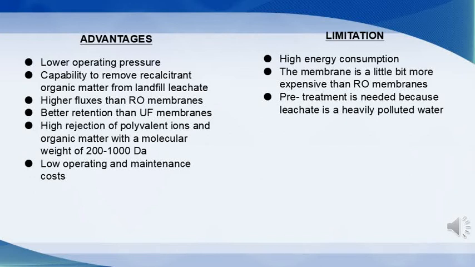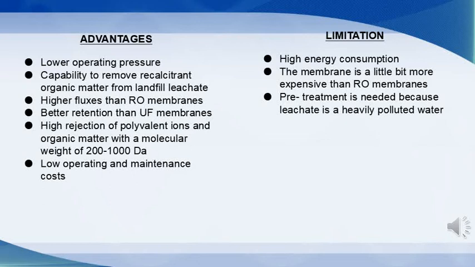it has high rejection of polyvalent ions and organic matter with a molecular weight between 200 to 1000 Da. The last one is it requires low operating and maintenance costs.